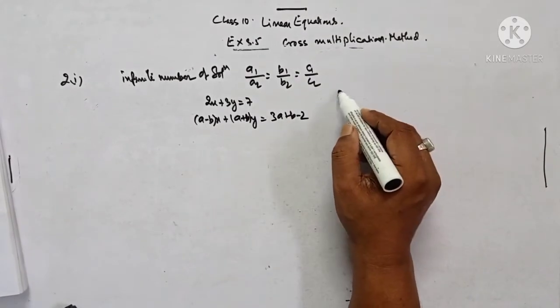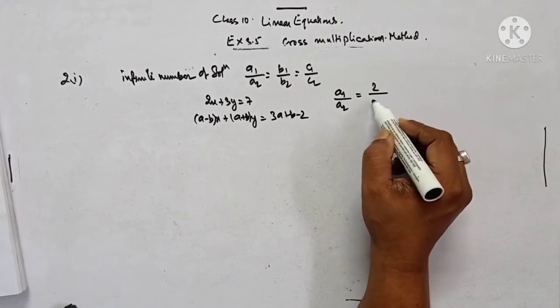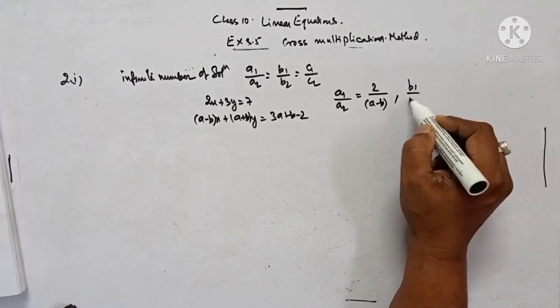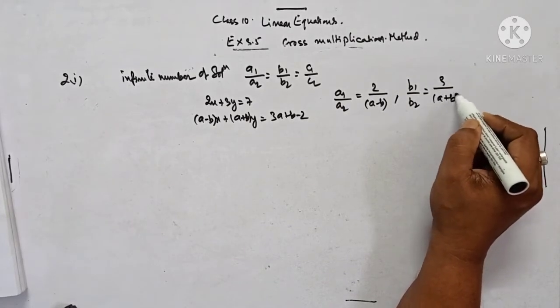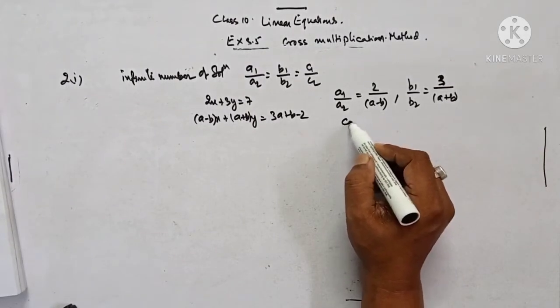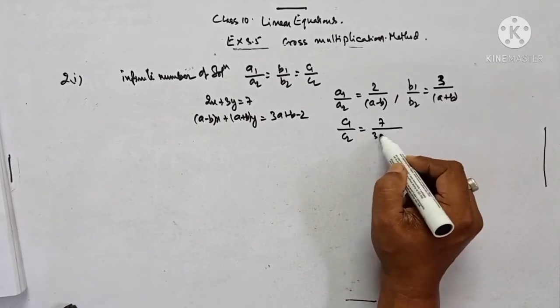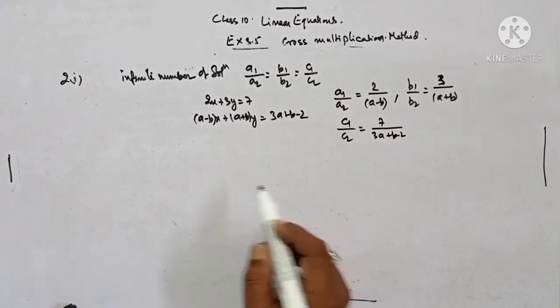So here a1 by a2 is 2 by (a minus b), b1 by b2 is 3 by (a plus b), and c1 by c2 is 7 by (3a plus b minus 2). All these are equal.